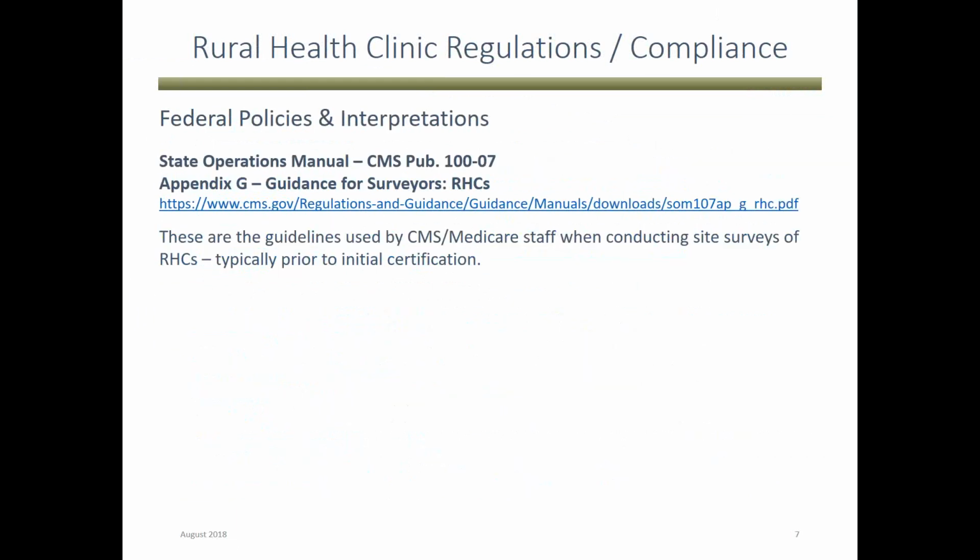Insofar as policies and interpretations, I had listed the State Operations Manual, that is CMS Publication 100-07, and Appendix G is the guidance for surveyors of RHCs. And we won't go into it in any depth because this will come up in a subsequent session. But when a rural health clinic seeks certification from Medicare, there are, of course, numerous documents that must be submitted.